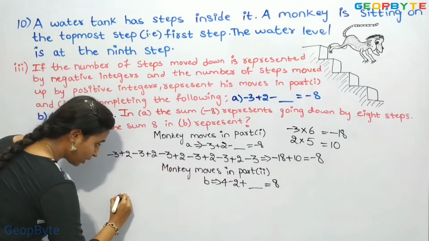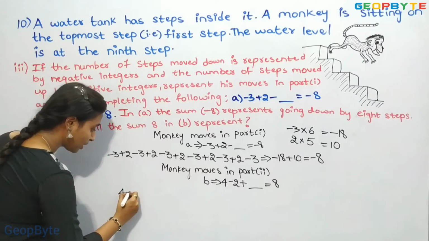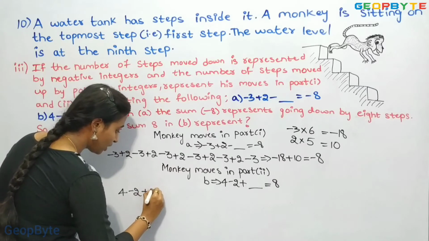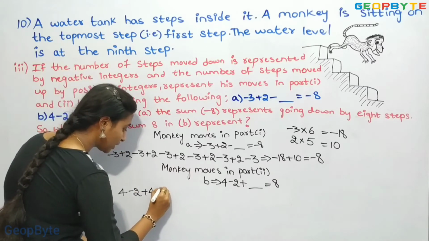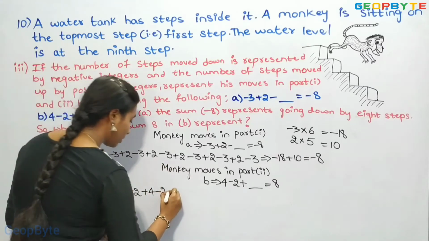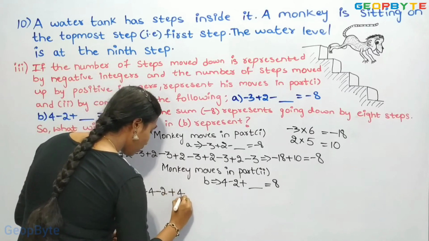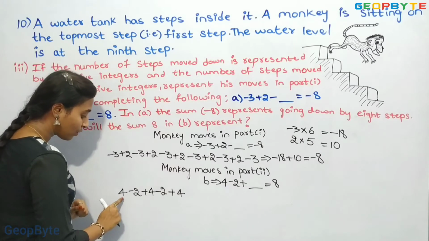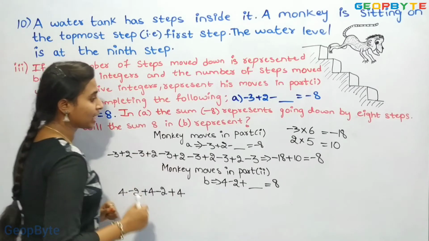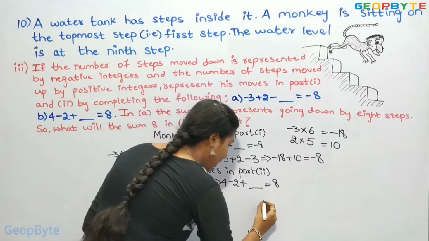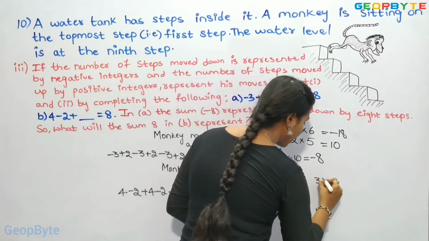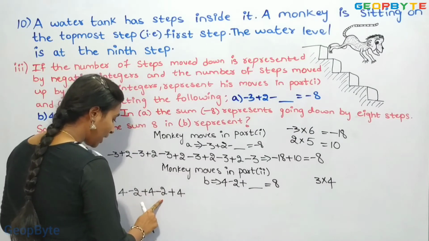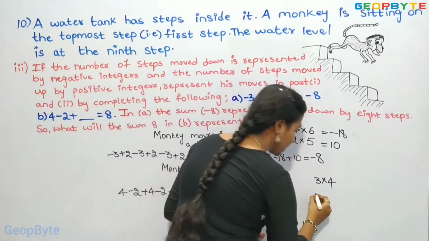See, 4 is moving up, minus 2 moving down, plus 4 moving up, minus 2 moving down, plus 4. Now, let us solve this. We have 1, 2, 3, 3 fours, that is 3 into 4 and minus 2, minus 2.